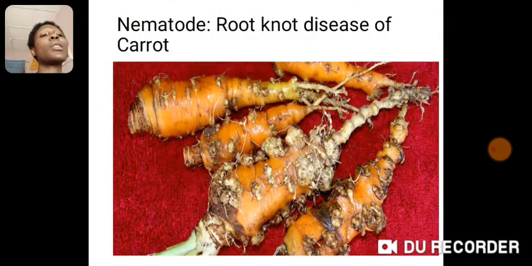And then this is root knot disease of carrots, caused by nematode. Some round worms caused these ones. So you can see what it's looking like, knots around the carrots.